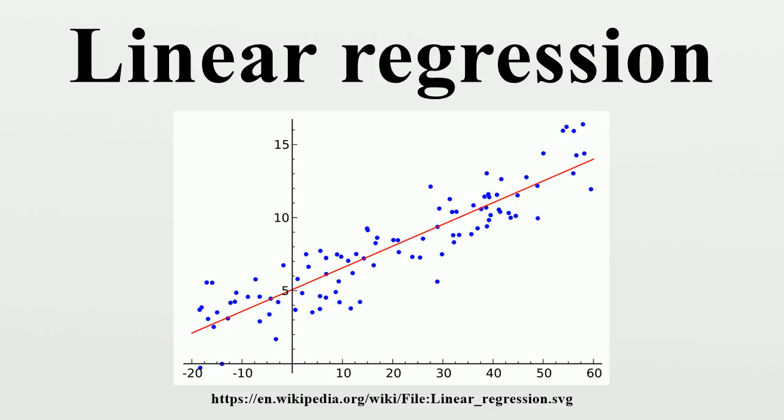Care must be taken when interpreting regression results, as some of the regressors may not allow for marginal changes, while others cannot be held fixed. It is possible that the unique effect can be nearly zero even when the marginal effect is large. This may imply that some other covariate captures all the information in xj, so that once that variable is in the model, there is no contribution of xj to the variation in y.